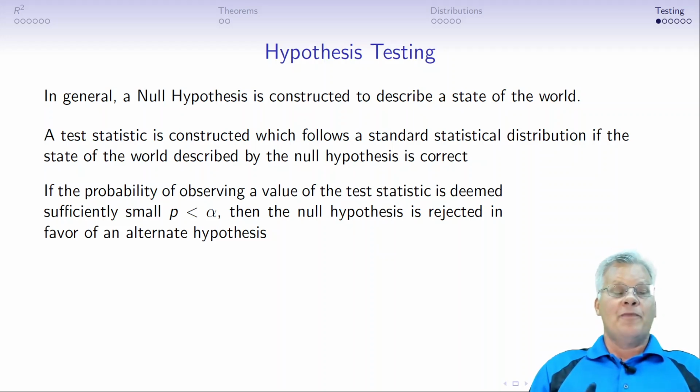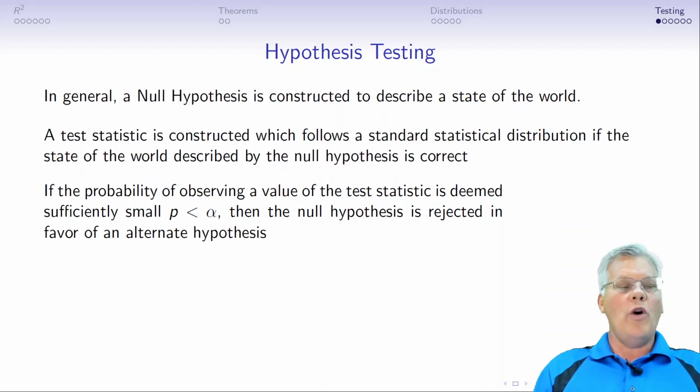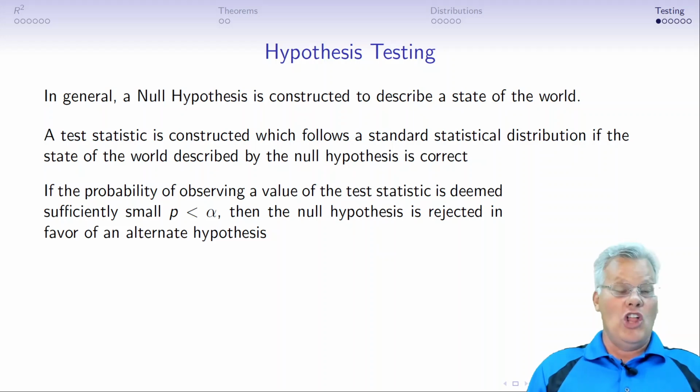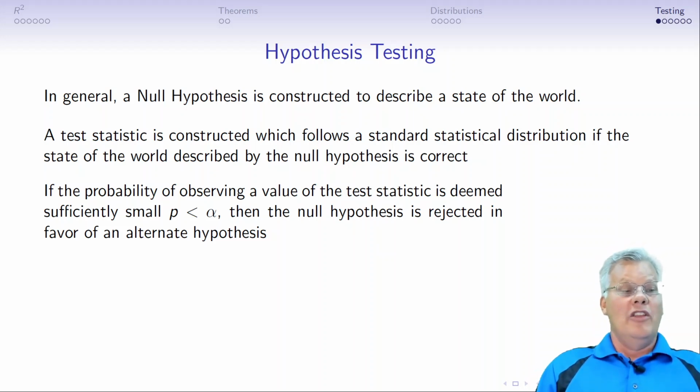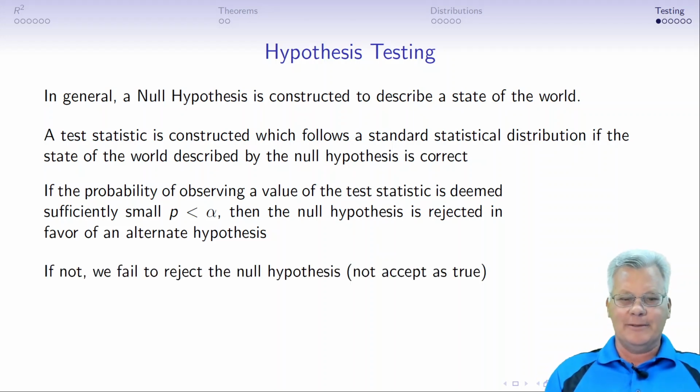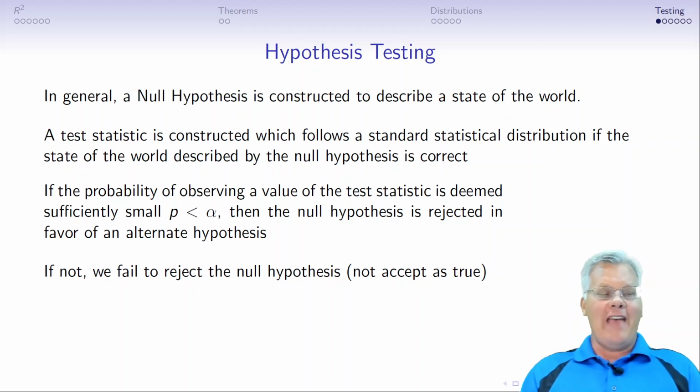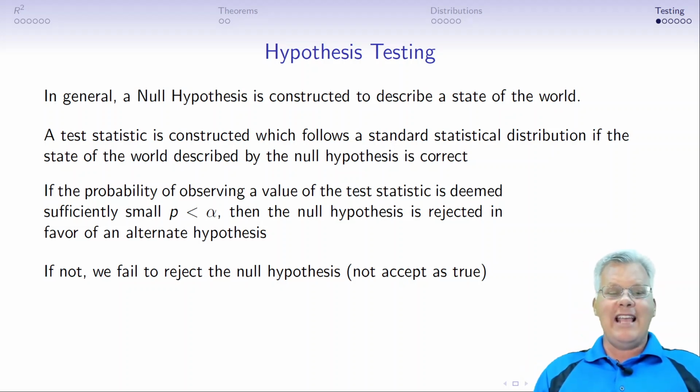In other words, we have observed a value of this test statistic that is so unusual if the world described by the null hypothesis is true that we conclude the null hypothesis likely is not true. That is, rejecting the null in favor of the alternate hypothesis. If that is not true, what we say is we fail to reject the null hypothesis.